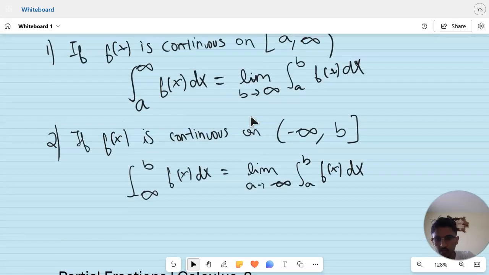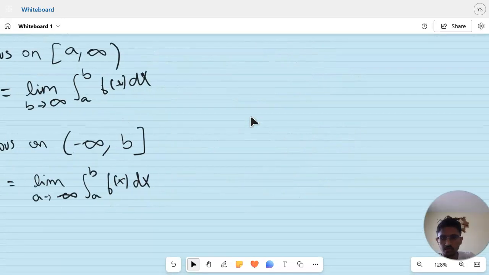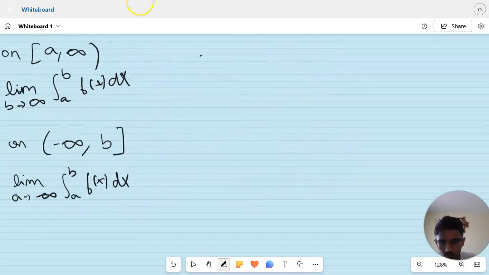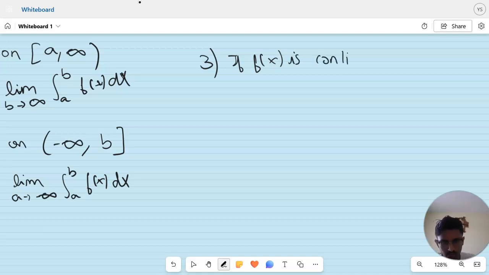Now for our third case, what that is going to look like is if f of x is continuous from negative infinity to infinity, both open intervals.